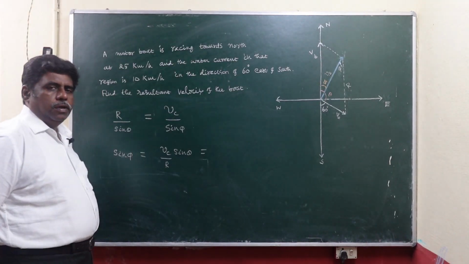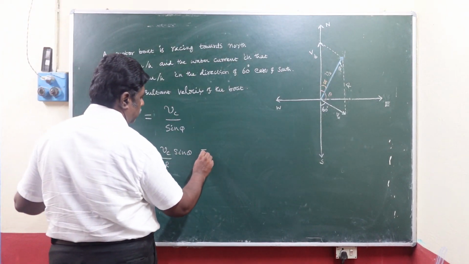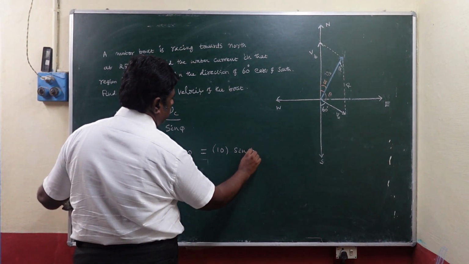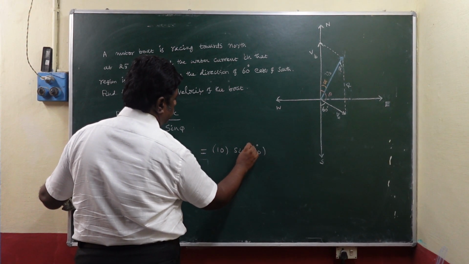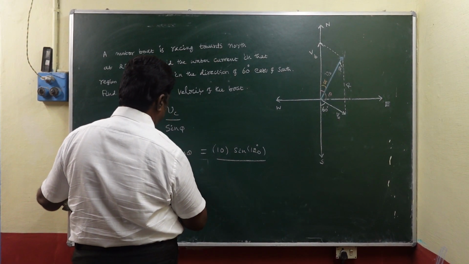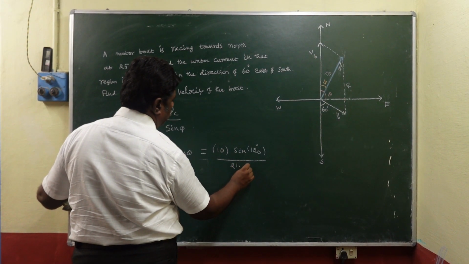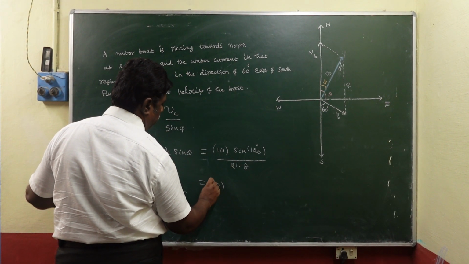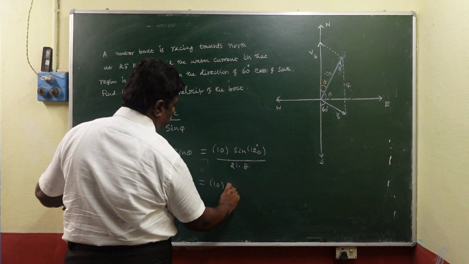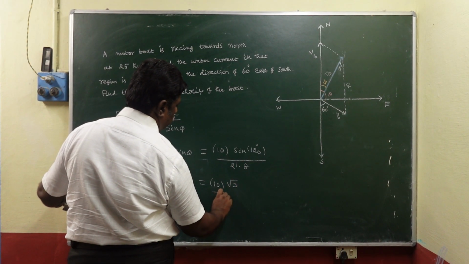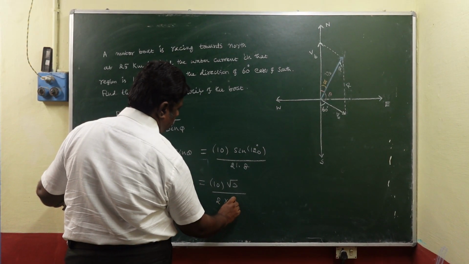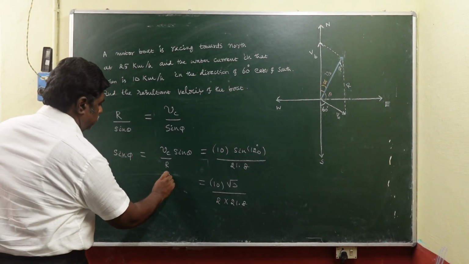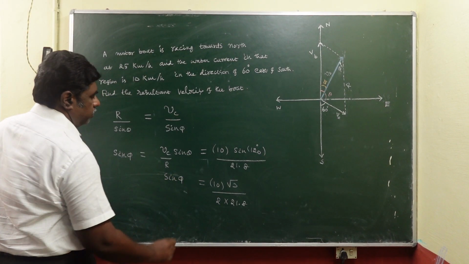You know the value of VC, water current velocity. It is 10 km per hour. Then sine 120 degree divided by the resultant velocity, which is 21.8. This is 10. Sine 120 degrees is root 3 by 2. Then 21.8. This is sine phi.